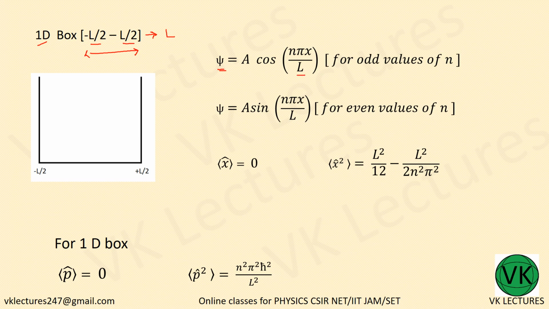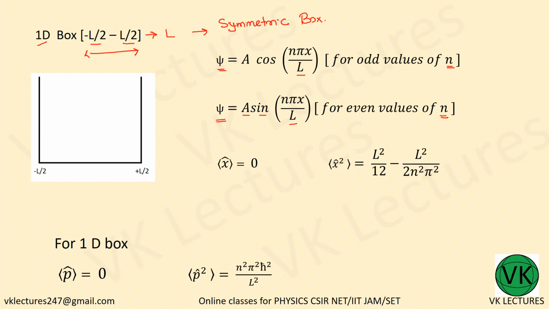Since it is from -L/2 to +L/2, it is called a symmetric box. The wave function is psi = A cos(nπx/L) for odd values of n, and we have to use psi = A sin(nπx/L) for even values of n.